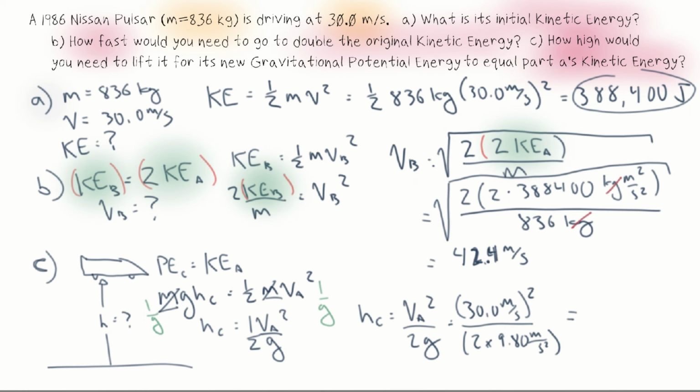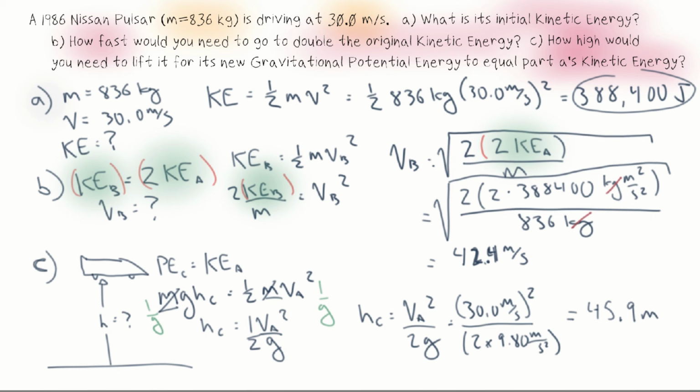When it's all said and done, I'm getting the answer to come out to be around 45.9 meters. So you'd have to lift up a Nissan Pulsar around 45.9 meters so that its gravitational potential energy equals the kinetic energy that it would have driving at 30 meters per second.